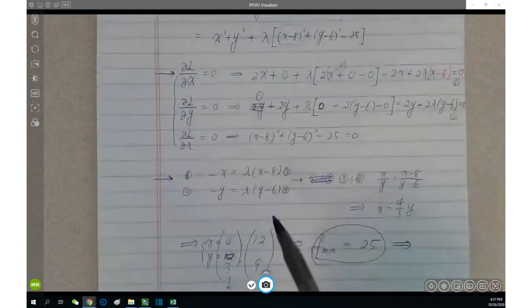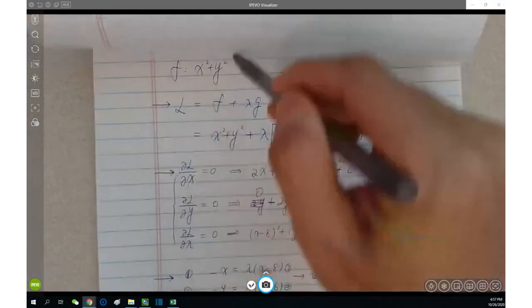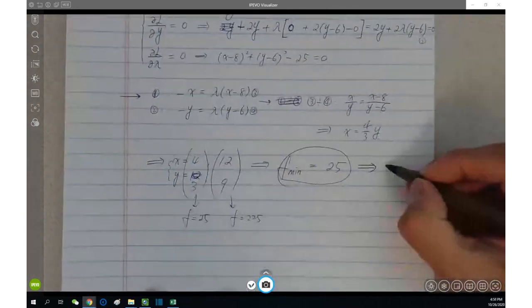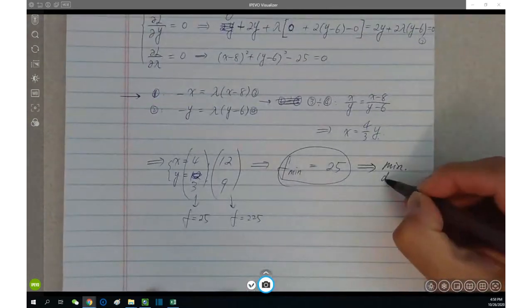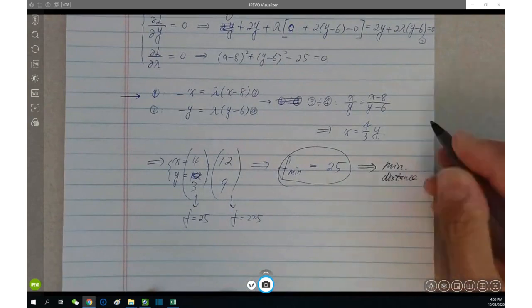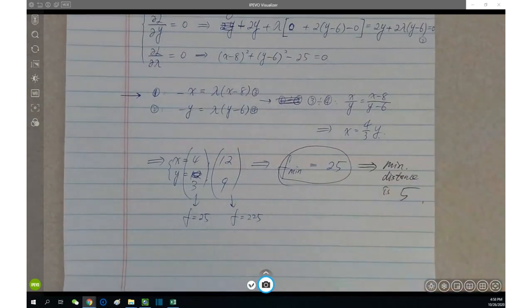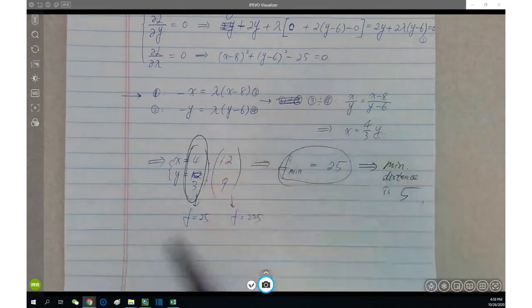However, your f is not a distance. You remember? So the minimum distance is 5. And the point making this minimum distance happen along the circle is the 4, 3 coordinate.